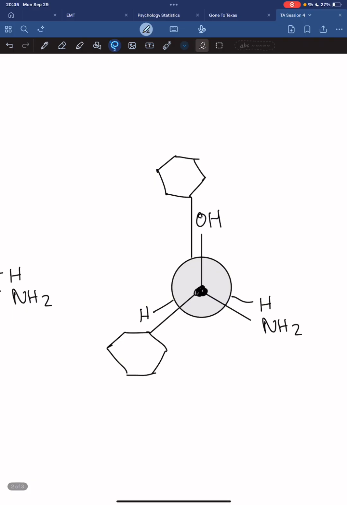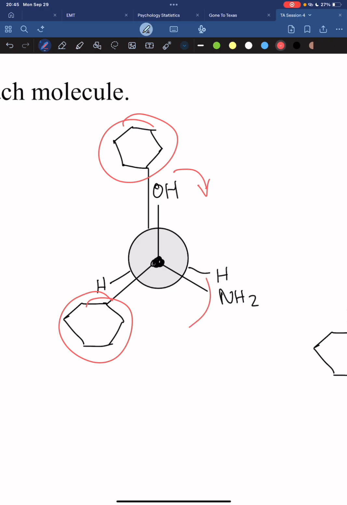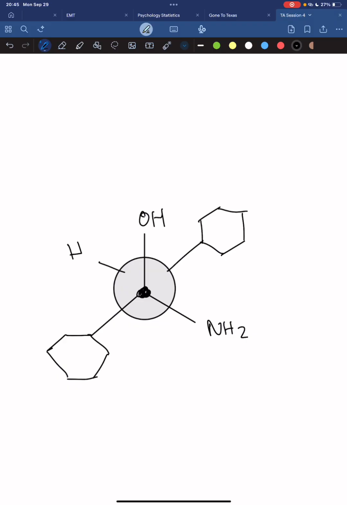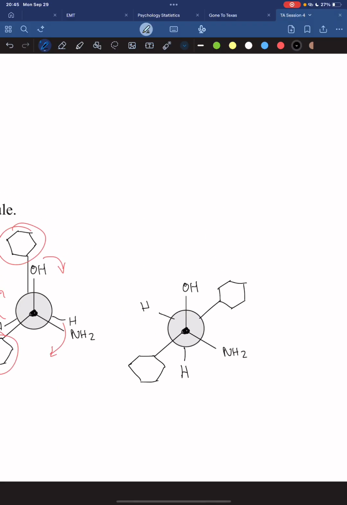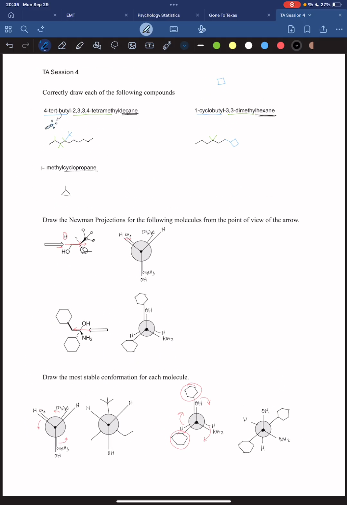So again, what I'm going to do is rotate this back carbon just a little bit that way, so that we can see. There we go. And that is the most stable conformation for those two molecules.